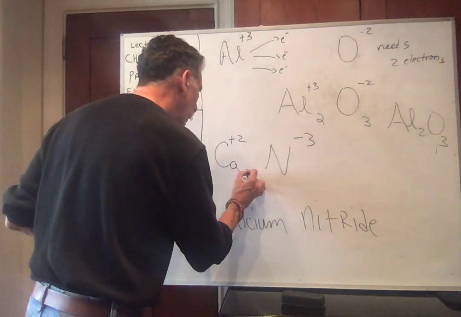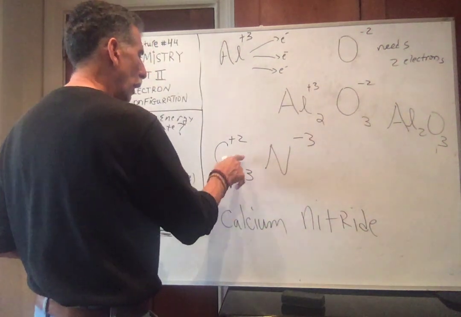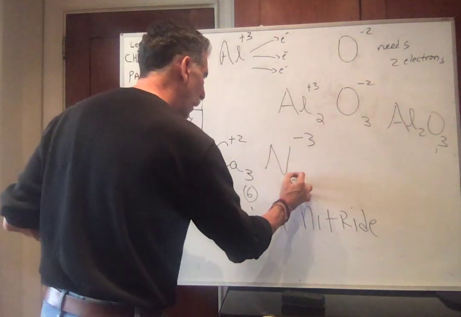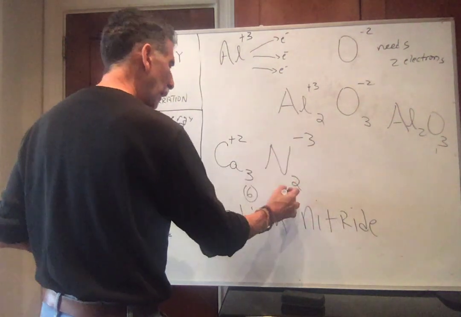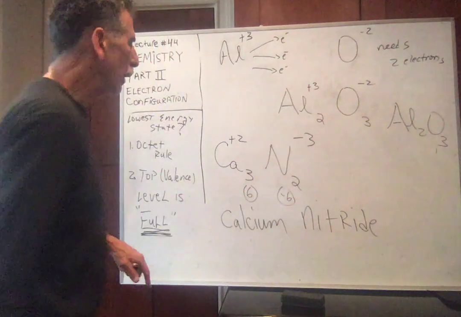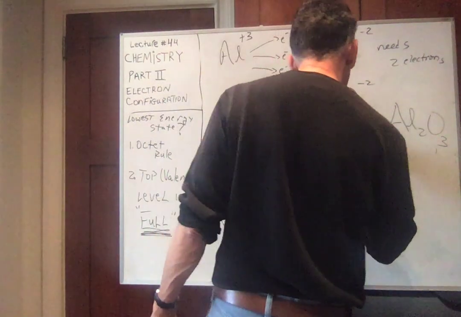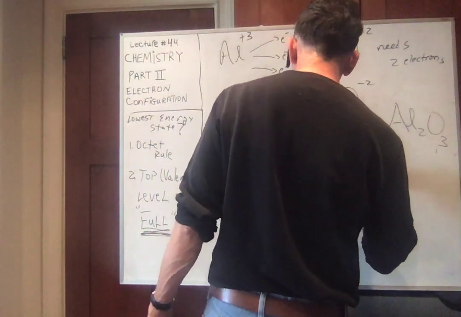If I take 3 calciums, that's giving 6 electrons. If I take 2 nitrogens, that takes 6. 3 times 2, same as 2 times 3. So the formula for calcium nitride is Ca3N2.